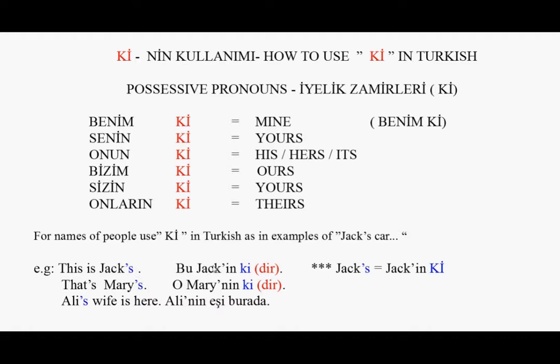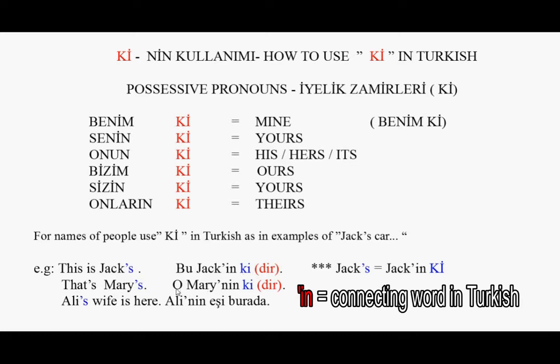So here we use bu Jack'in. Look, there's an apostrophe, and then we put in Turkish Jack'in ki. Or you can complete this with dir. This is Jack's. For example, in Turkish we say bu Jack'in kidir. Or you can say bu Jack'in ki, which is short.